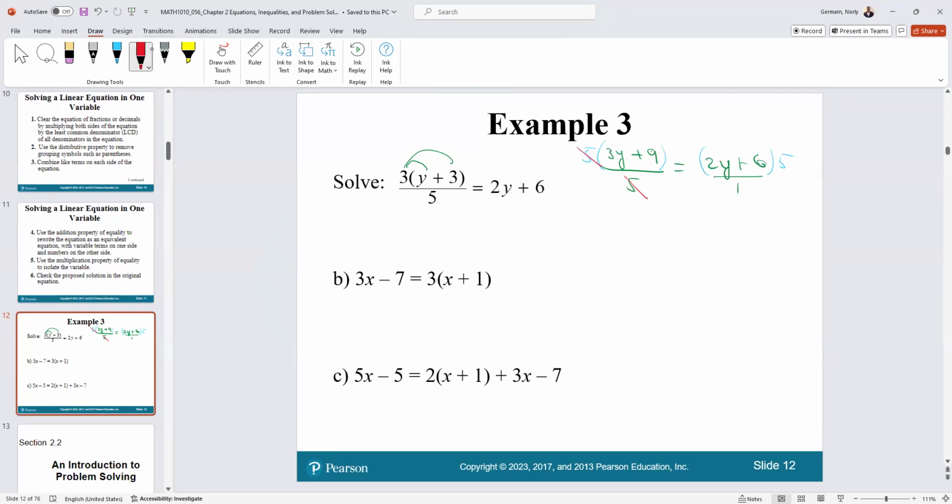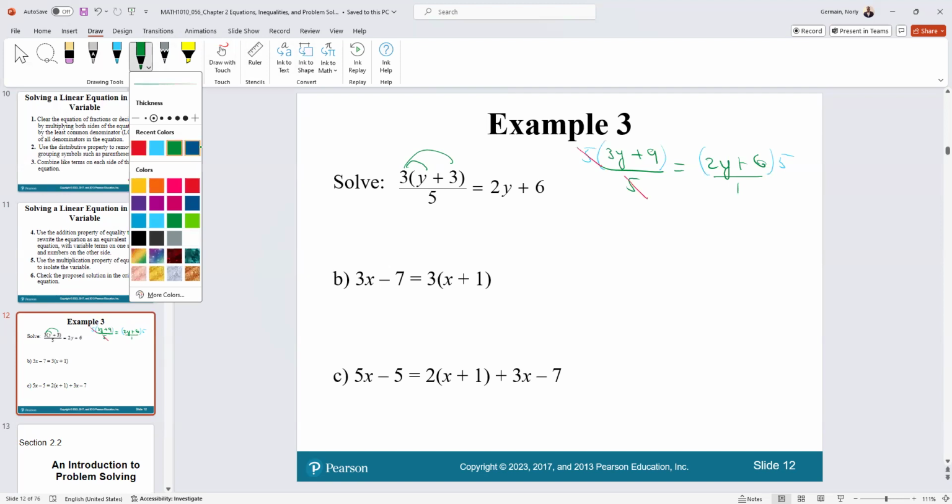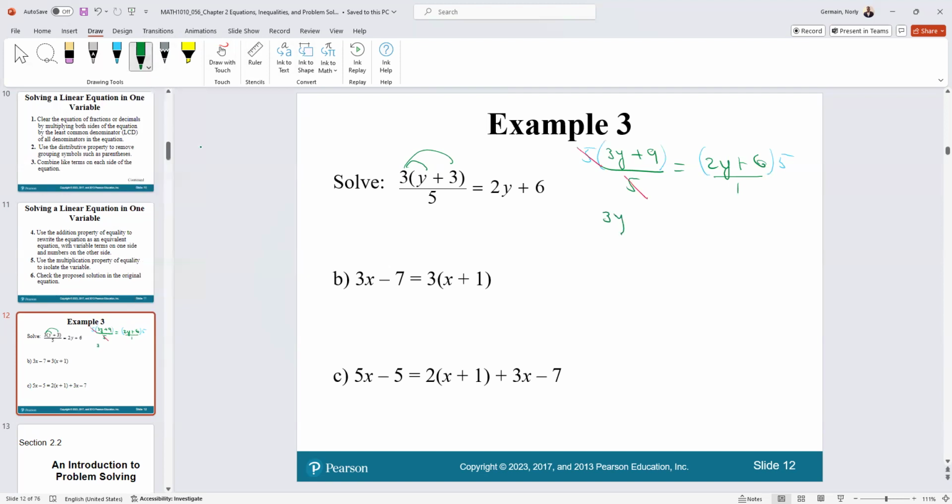So on the left, I'm going to have left only 3y plus 9. On the right, I'm going to have 5 times 2 is 10y. Remember, distribute the 5 with this one and distribute it also with the 6. Plus 5 times 6 is 30. Okay, different ways of doing it, as I said.